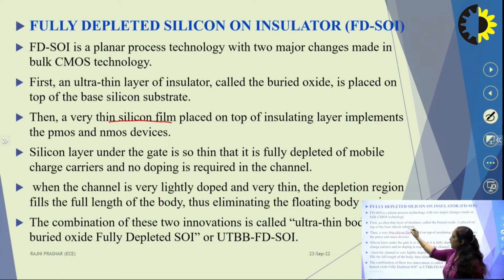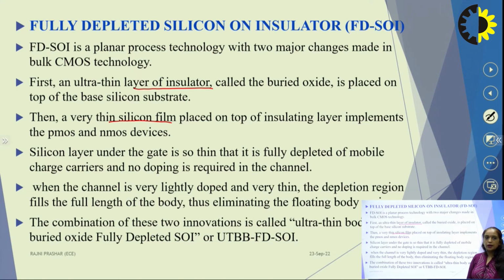Your buried oxide layer is also very thin, in terms of ultra dimensions. So, the silicon layer under the gate is so thin that it is fully depleted of the mobile charge carriers, and there will be no doping. So, no doping is required inside the channel.